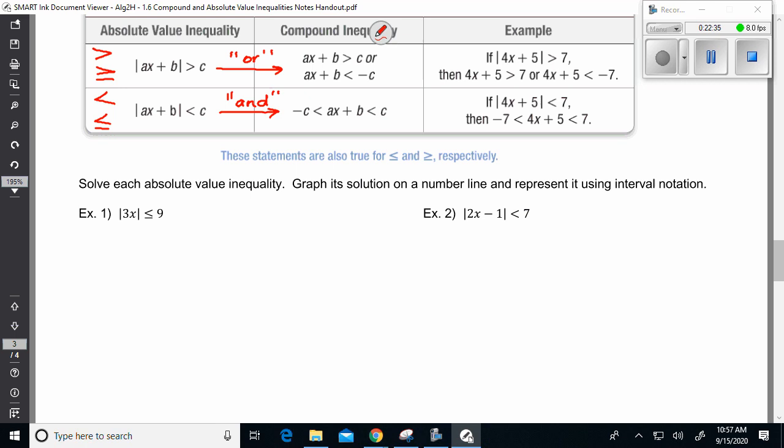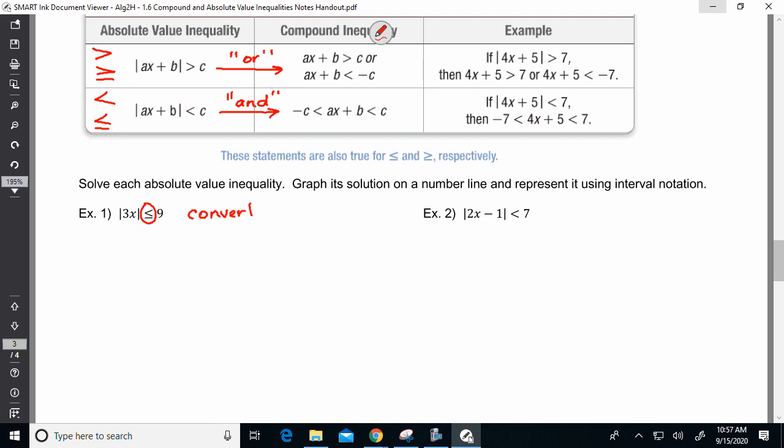Absolute value of 3x is less than or equal to 9. So again, the sign is going to dictate how we convert this thing. So we have a less than or equal to symbol. So that means this is going to convert to an and inequality.